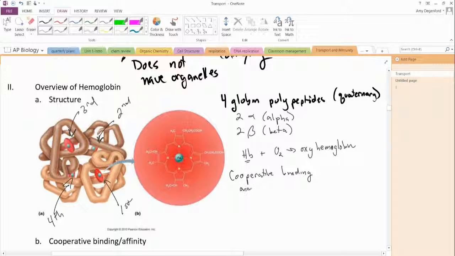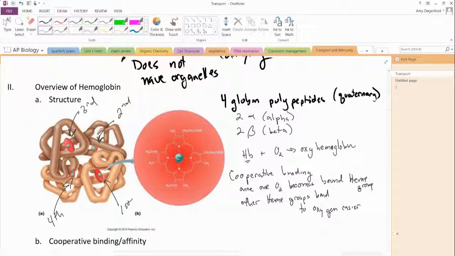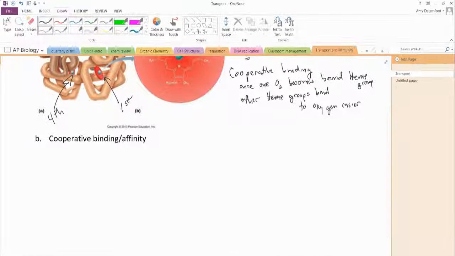So once one oxygen becomes bound to a heme group, the other heme groups bind to the other oxygens far easier, and faster. So we call that cooperative binding, and you see that down here, cooperative binding, cooperative affinity.